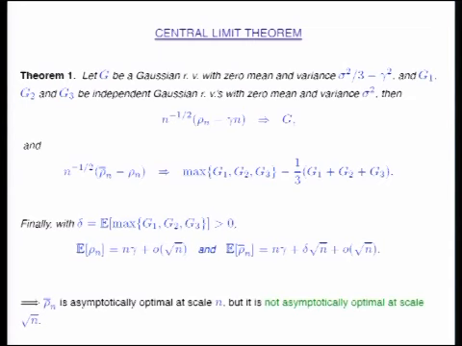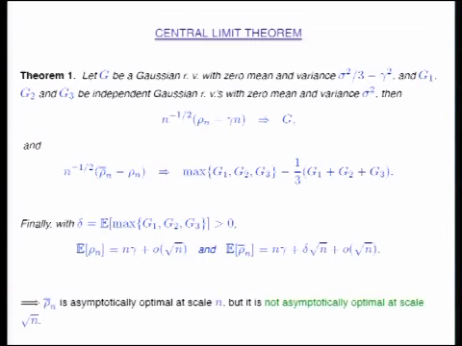There is also a central limit theorem for rho bar n. If you look at rho bar n minus rho n, you divide the difference by square root of n, and it converges to the difference between the max of 3 independent random variables with variance sigma square minus the average.